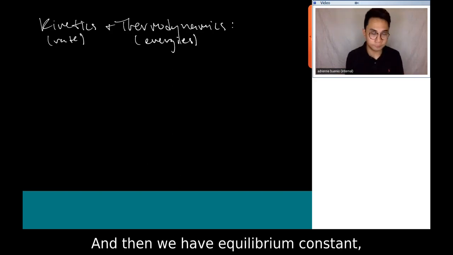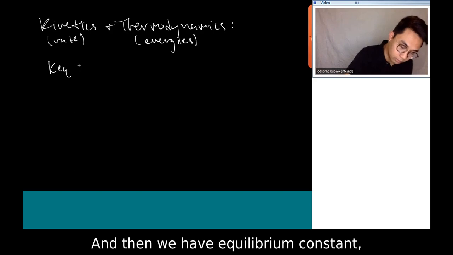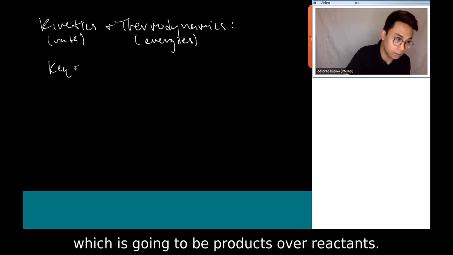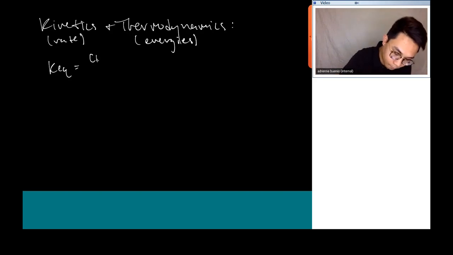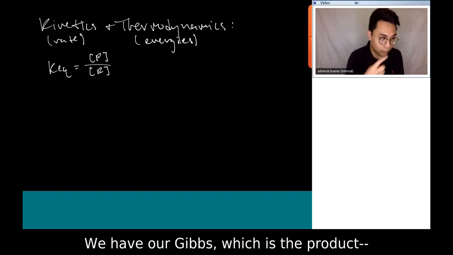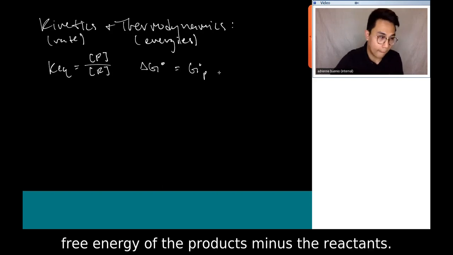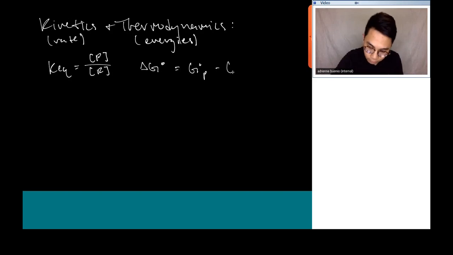And then we have the equilibrium constant, which is going to be products over reactants. Then we have our Gibbs, which is the free energy of the products minus the reactants. Simple enough.